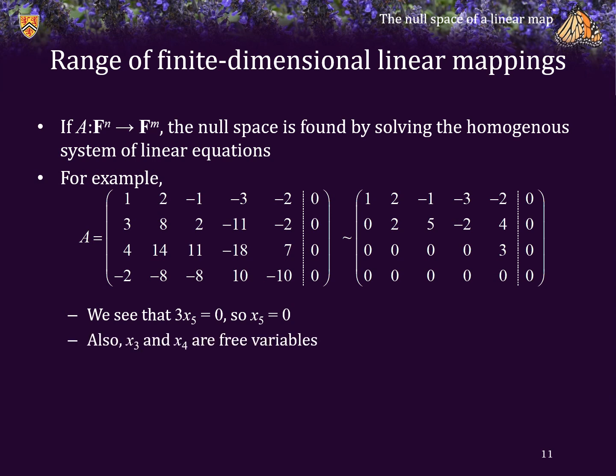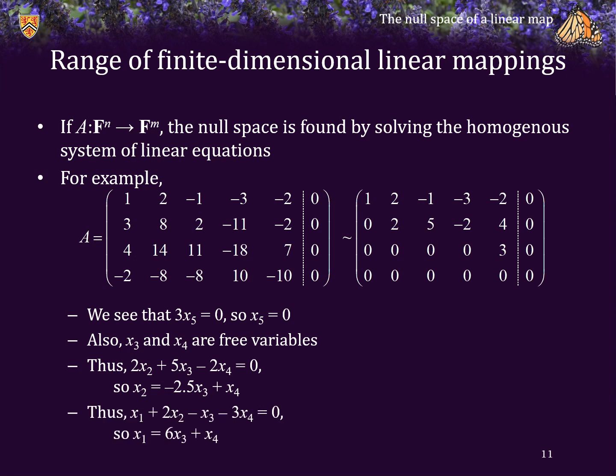x4 and x3 are free variables. We have an equation that relates x2 to the free variables x3 and x4, so we can solve for x2, and we have an equation that describes x1 in terms of the other x values. So substituting the value for x2 into that equation and solving for x1, we get that x1 is equal to 6x3 plus x4, the two free variables.